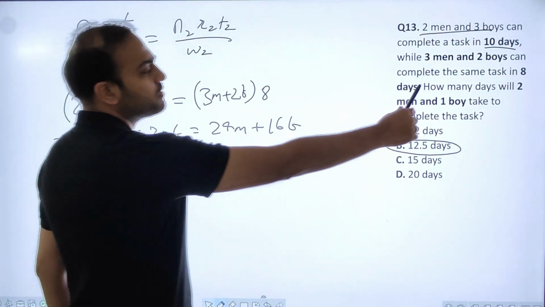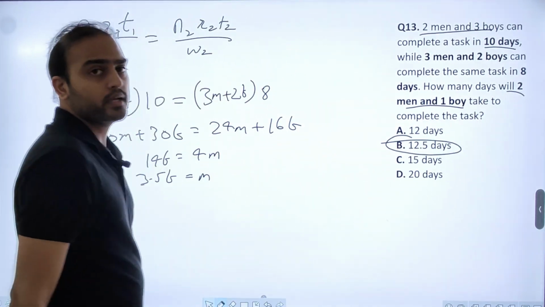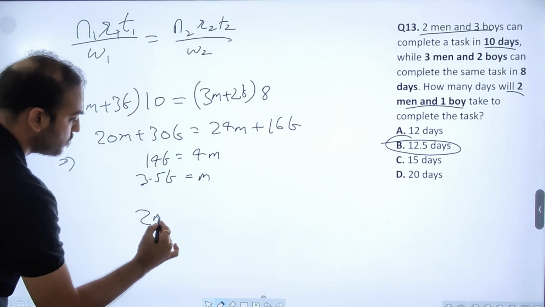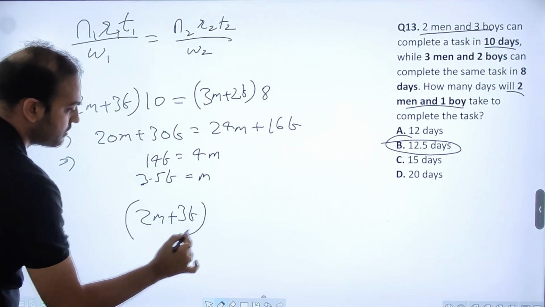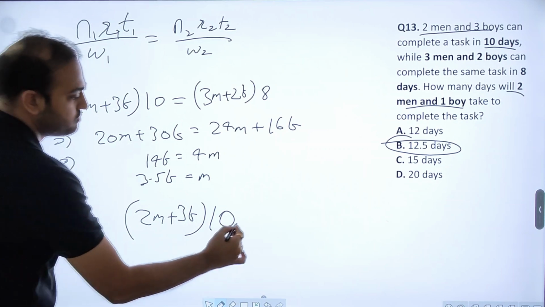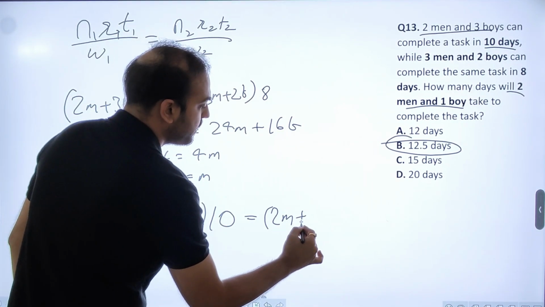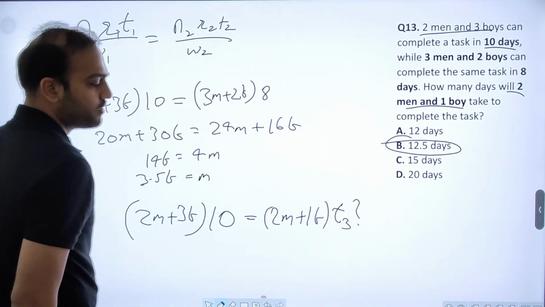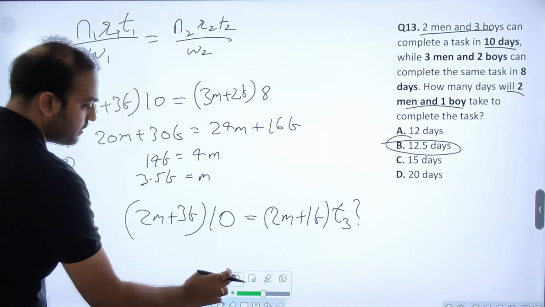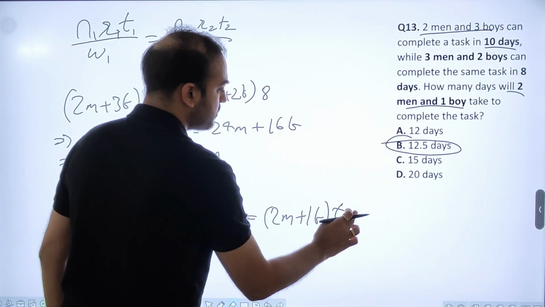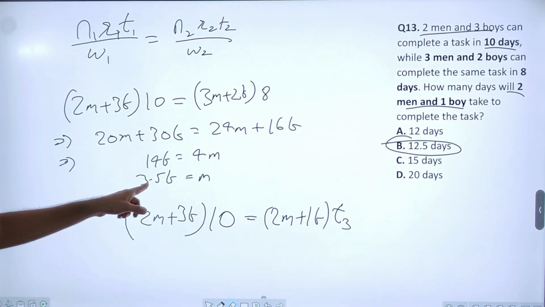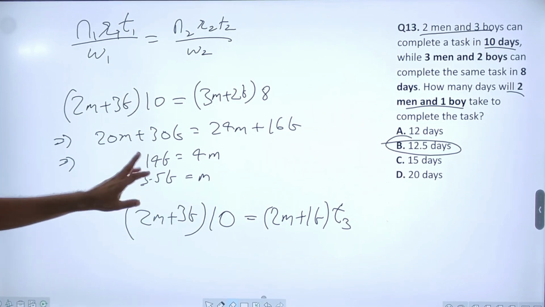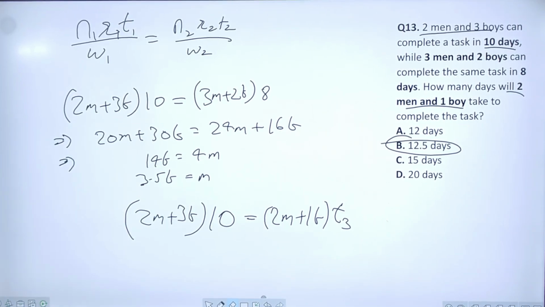Now they want 2 men and 1 boy. We make the same equation, N1 T1. I know 2 men and 3 boys take 10 days. So 2 men and 1 boy will take how many days? In place of M, I will put 3.5B.